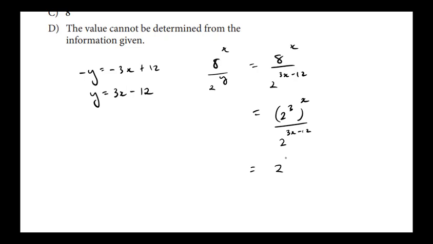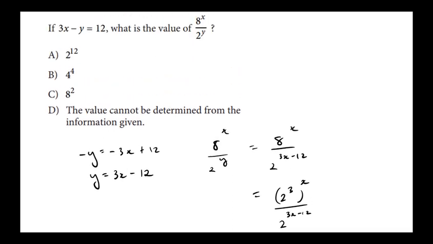So this is 2 to the power of 3x over 2 to the 3x minus 12. And then when you have the same base, you can subtract the powers. So this would become 2 to the 3x minus (3x minus 12), and then the 3x's cancel, and the minus times the minus gives you positive 12. So the answer is A.